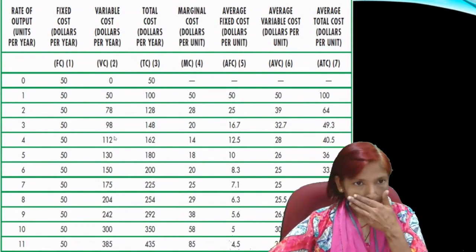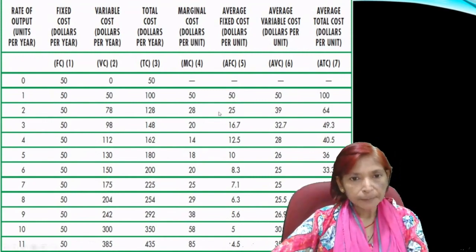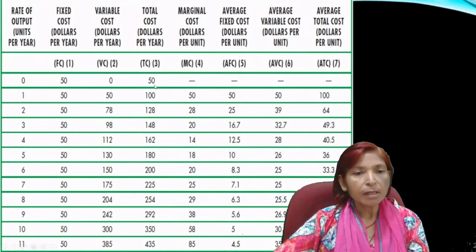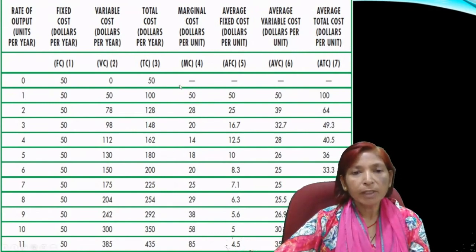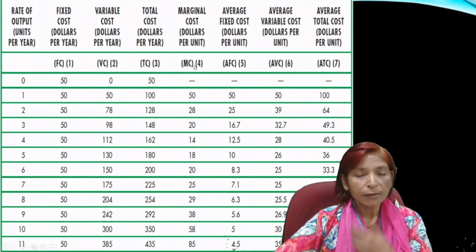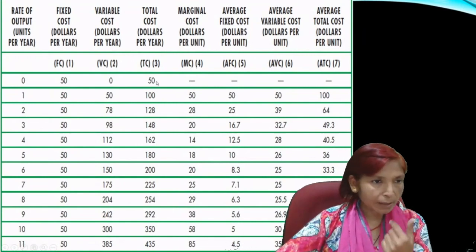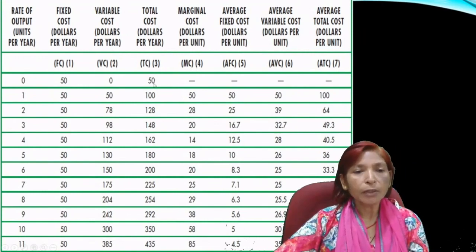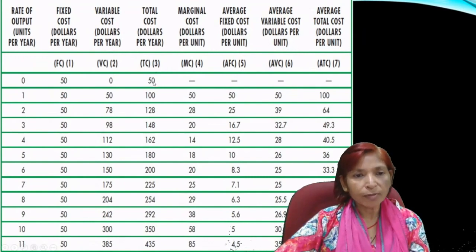Now next is marginal cost. Marginal cost is the difference of total cost. In the beginning, we will take a dash because MC is the difference of total cost upon the difference in total units of output, delta TC upon delta Q. Delta TC means change in total cost, 50 or 100.